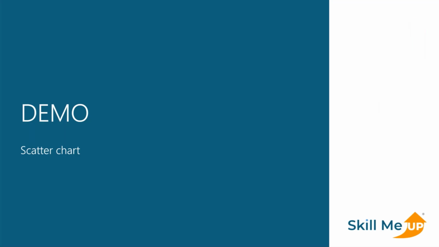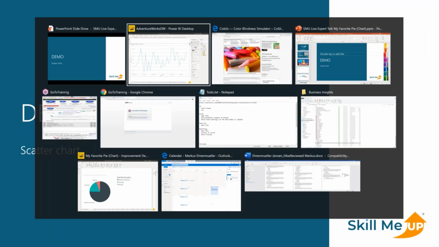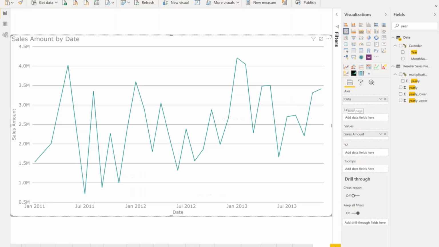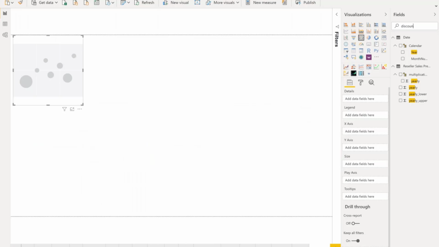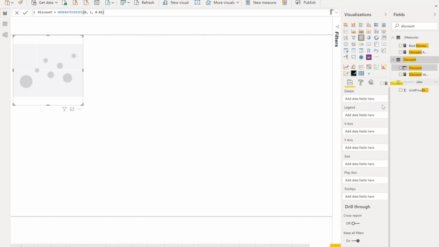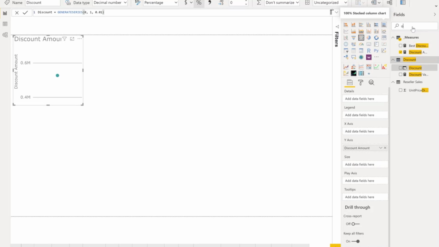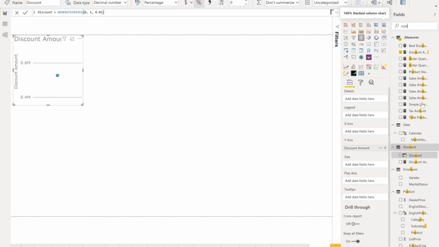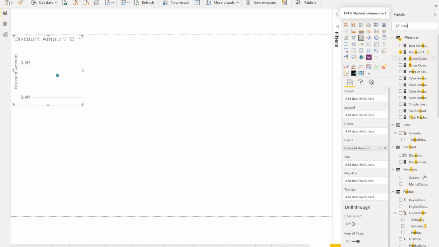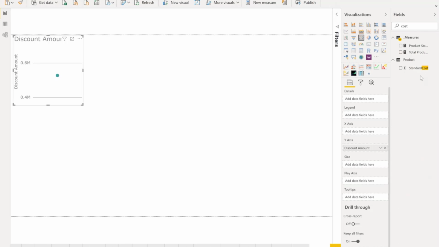So scatter chart here. I select the scatter chart and then I will take the discount amount. Here's the discount amount on, I think this was the y-axis. We had the cost. Where's the cost? Here's the standard cost, on the x-axis.